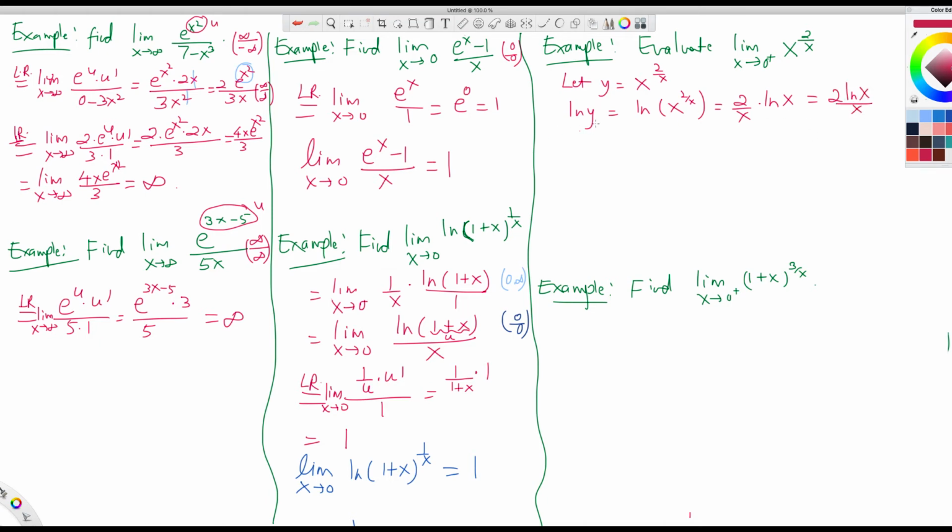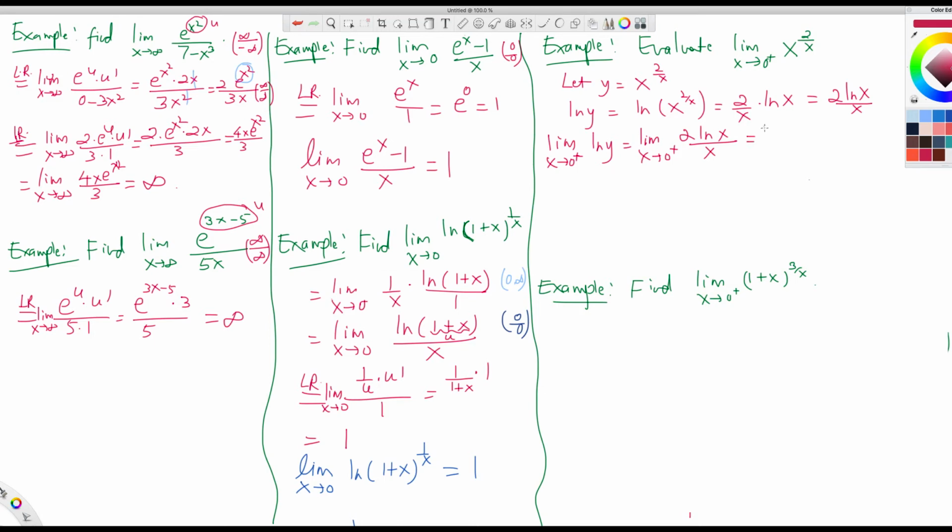You see that? So now let's take the limit. Limit x tends to 0 plus of natural log of y equals limit x tends to 0 plus of 2 natural log of x over x. If you plug in the limit here, what form do you get? Let's simplify this.